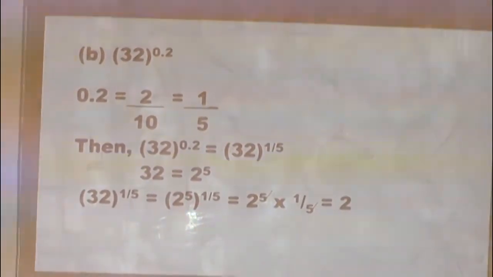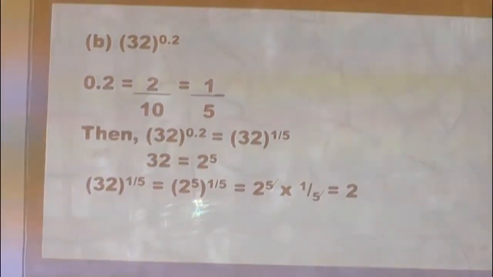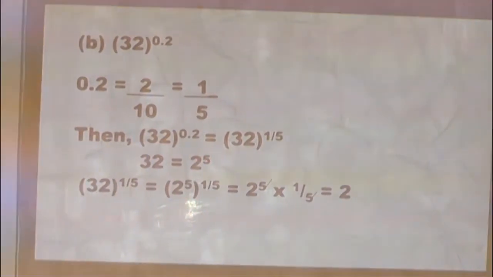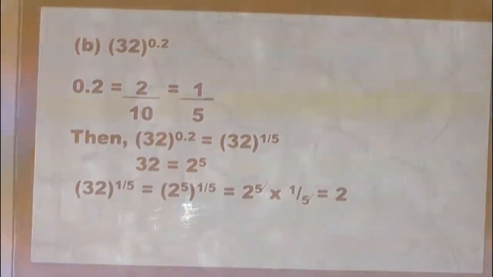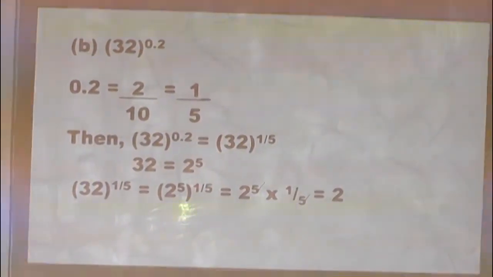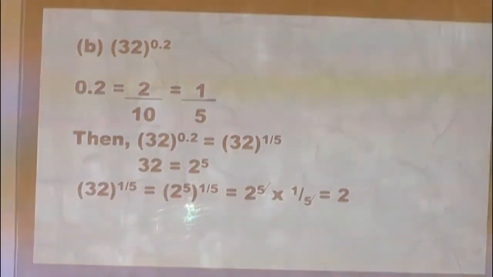Since we've expressed this 32 to be equal to 2 raised to the power of 5, you can now take this 2 raised to the power of 5 in position of this 32, all raised to the power of 1 over 5.